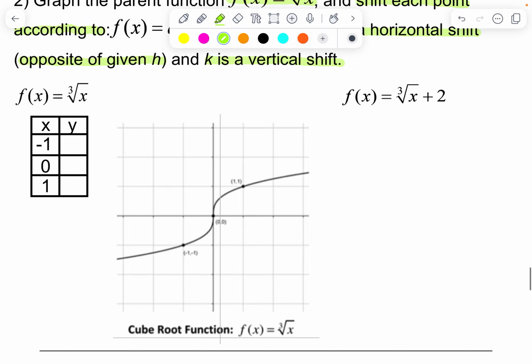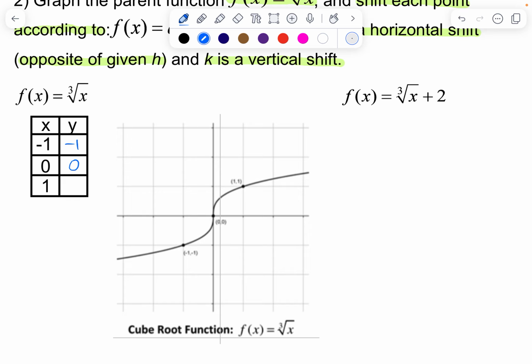So we're going to go ahead and first graph the parent function here. When x is negative 1, y is negative 1. When x is 0, y is 0. When x is 1, y is 1. So that is my parent function here for the cube root.